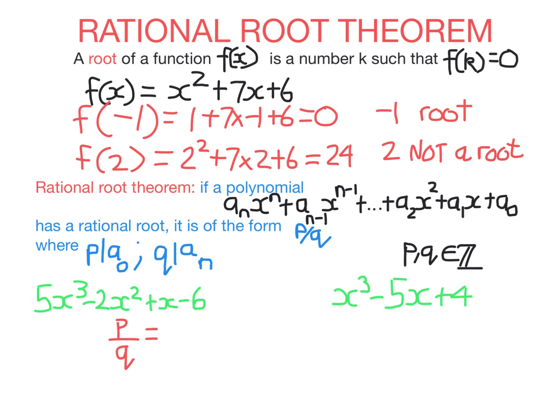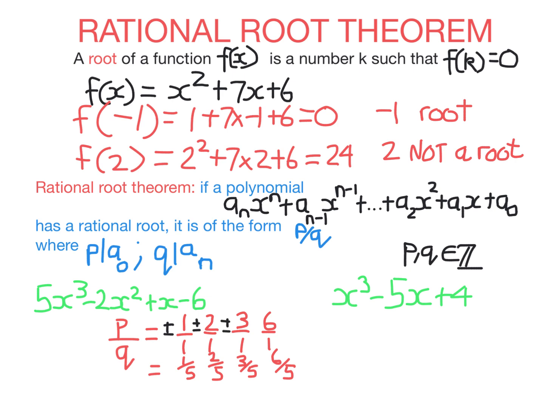Let's go through the factors of 6. The factors of 6, integer factors that is, 1, 2, 3, and 6. So the denominator's either going to be 1 or 5. So we have these choices where the denominator's 1, or these choices where the denominator's 5. Now remember that they can be positive or negative.